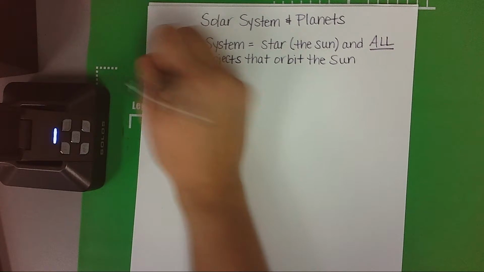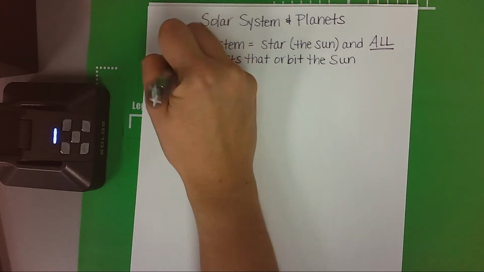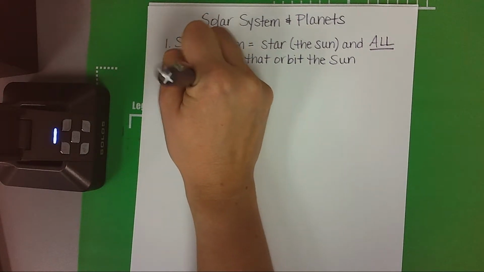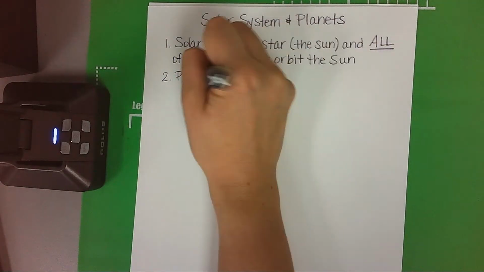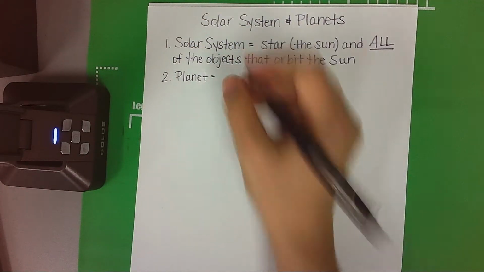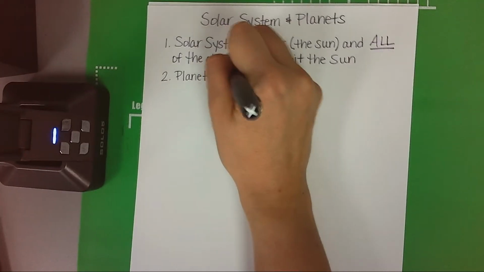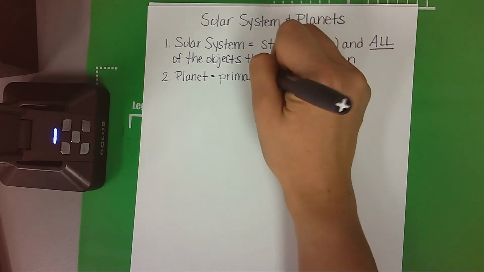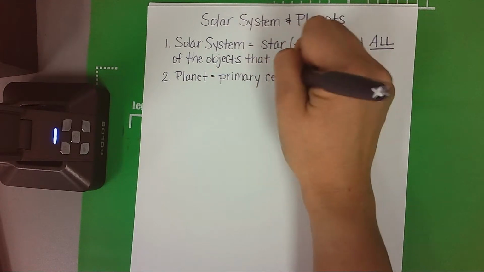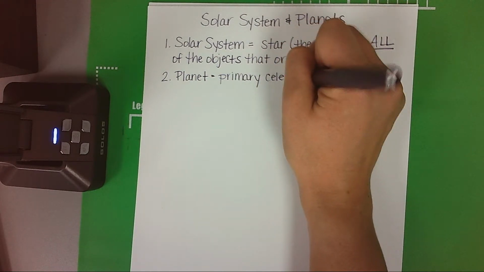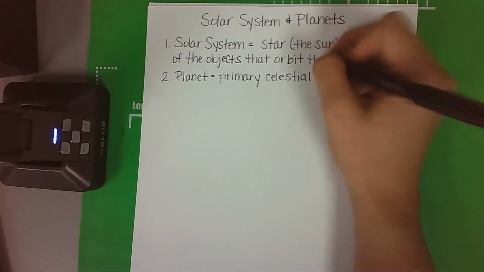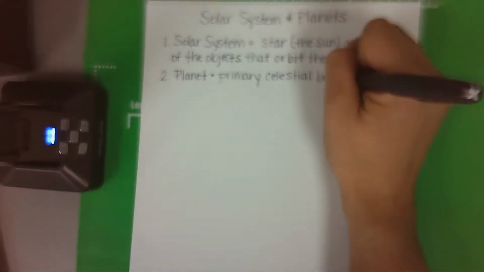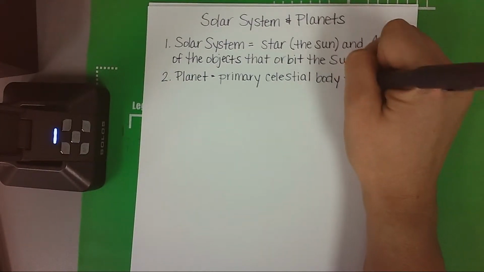So the next thing is, because planets are in the solar system, let's look at the definition of a planet. A planet would be larger than an asteroid most of the time. It is a primary celestial body, meaning anything that's in space, that orbits the sun.